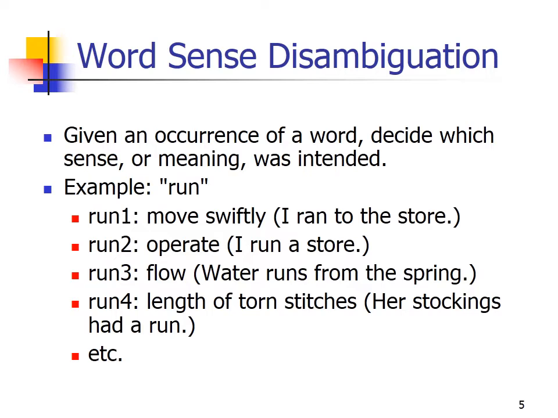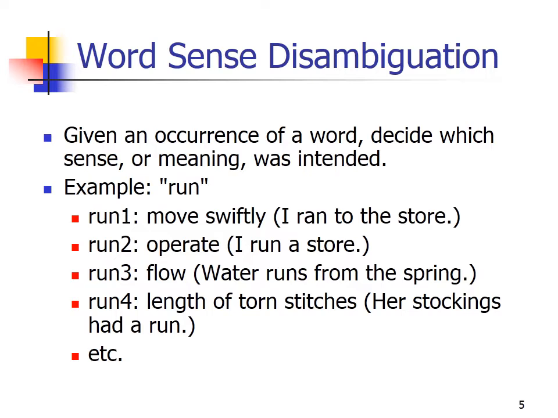The first way is move swiftly: I ran to the store. The second one is operate: I run a store, that is, he owns a store. The third one is flow: water runs from the spring, flow of water.